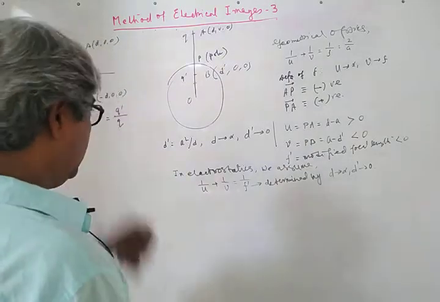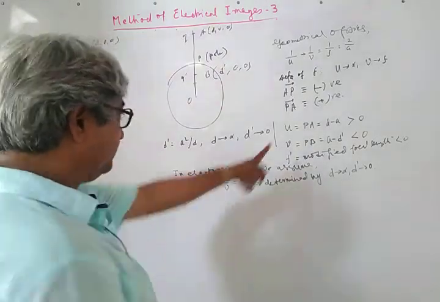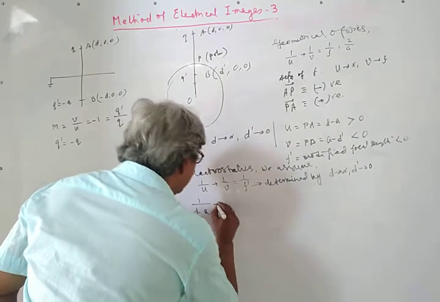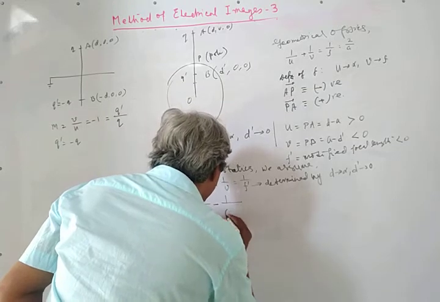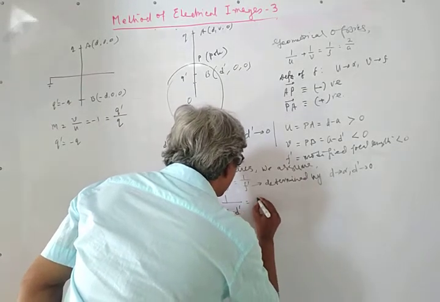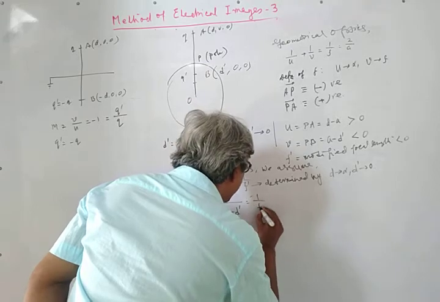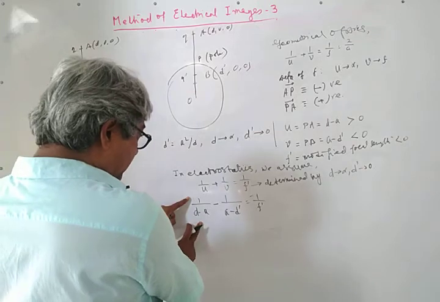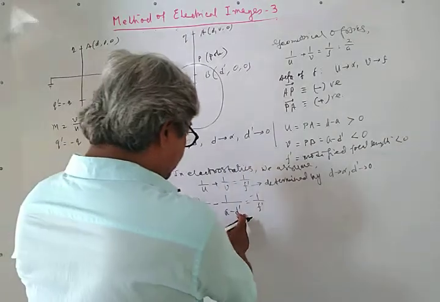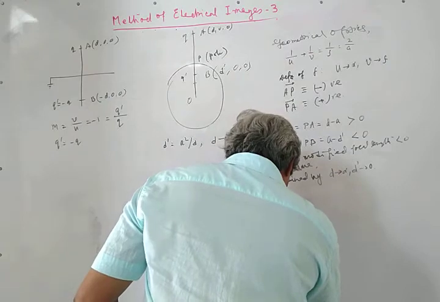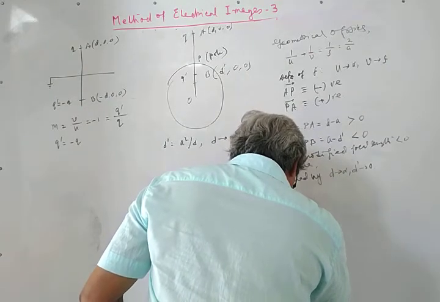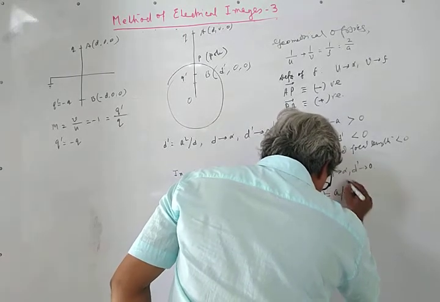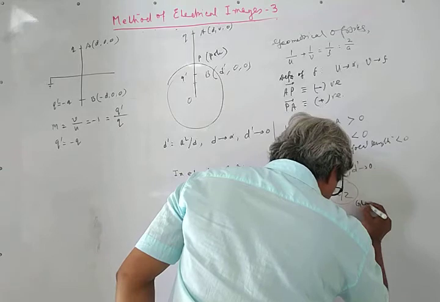So if we write it in terms of this quantity, this is 1 by D minus A, V is negative, so this is A minus D prime, equal to 1 by F prime with a minus sign. As D goes to infinity, this term goes to 0 and this goes to 0. This immediately leads to F prime is equal to A, not A by 2 as we obtained in geometrical optics.